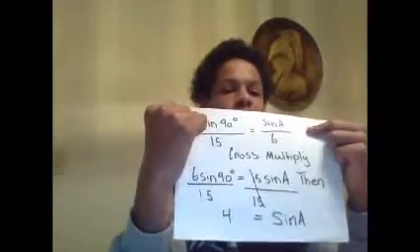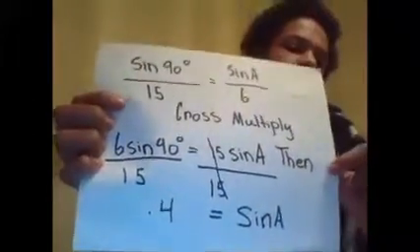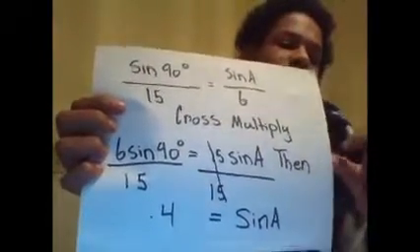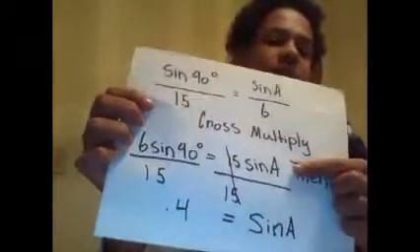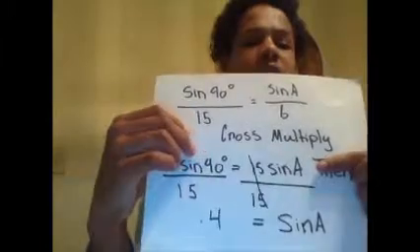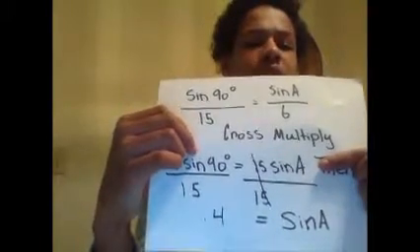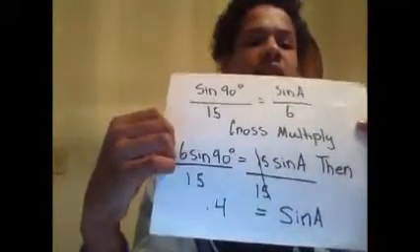Now when we do cross multiplication, you just multiply them across. So as you can see, on this side right here you have 15 sine A, and on this side you have 6 sine 90.